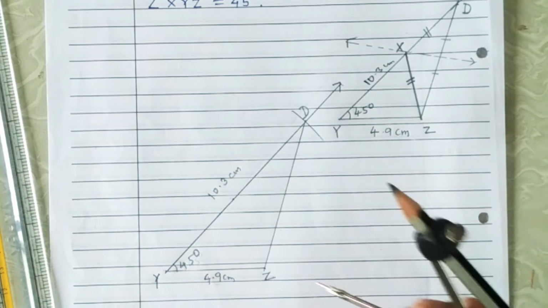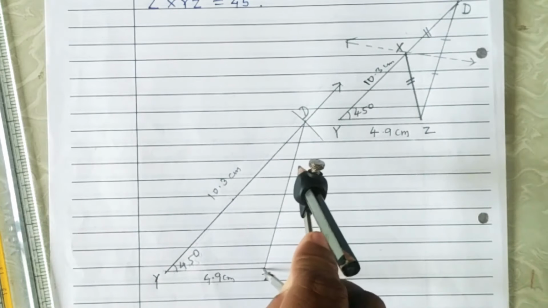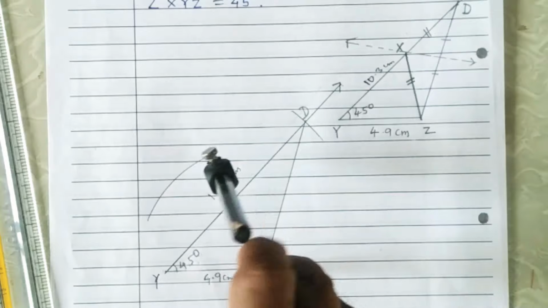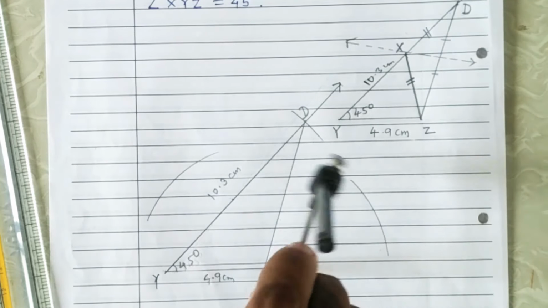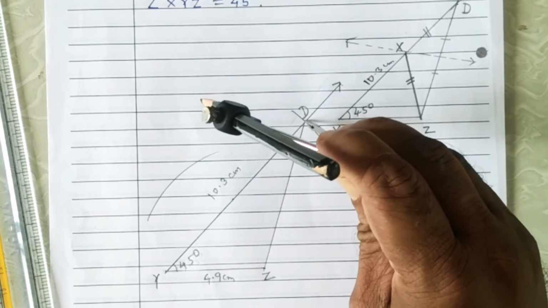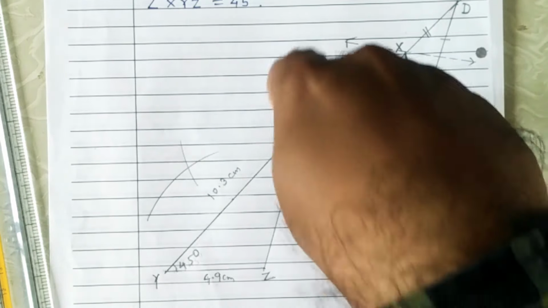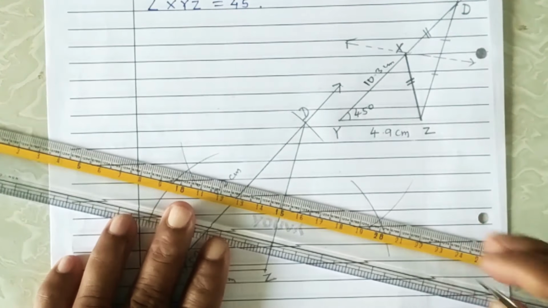Now draw the perpendicular bisector of DZ. So keep the pointer at Z, take more than half the distance, one arc on left hand side of the DZ and one arc on right hand side. From D, keep the pointer at D, cut this arc, and draw the perpendicular bisector of DZ.